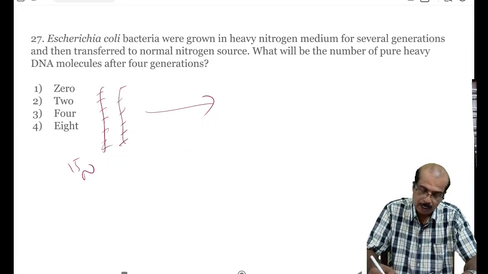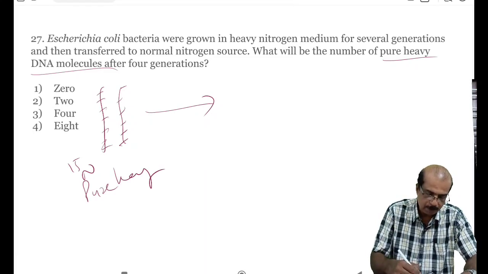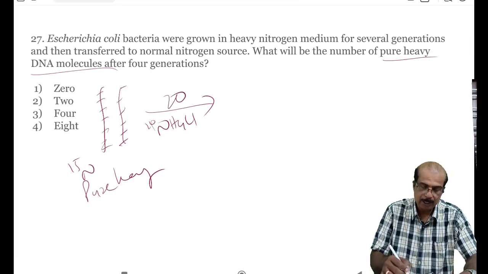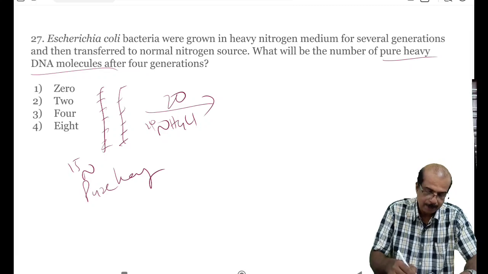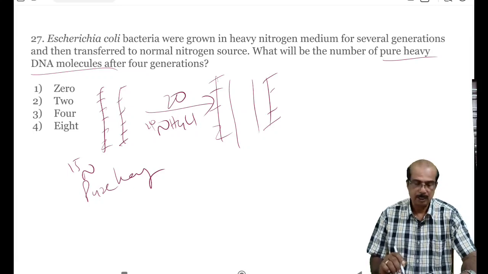So this is pure heavy DNA. When it is treated with normal nitrogen for successive generations, due to the semi-conservative mode of replication, the new strands added will be with normal nitrogen.